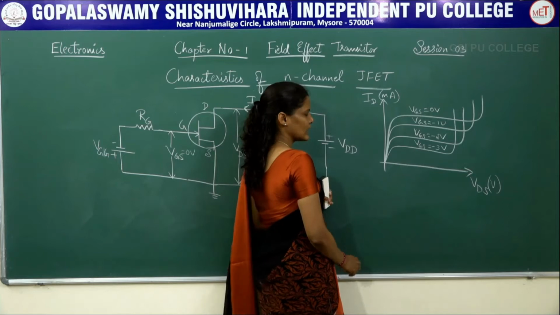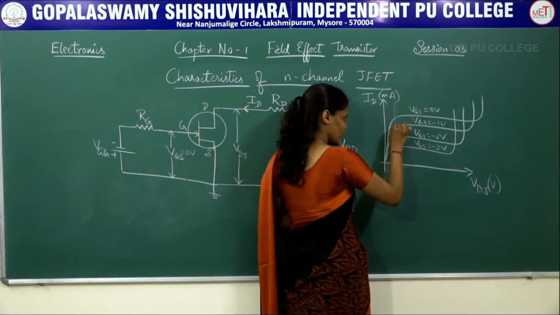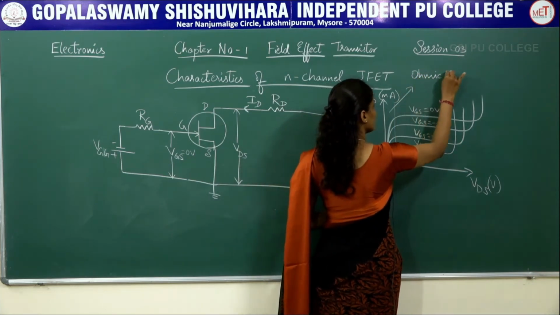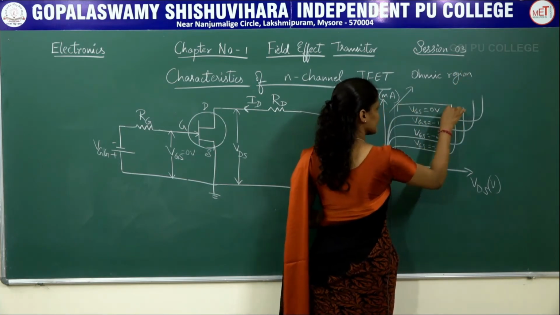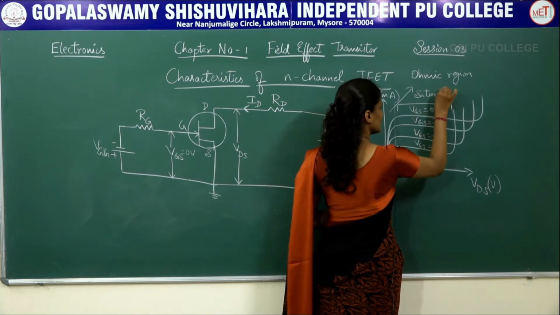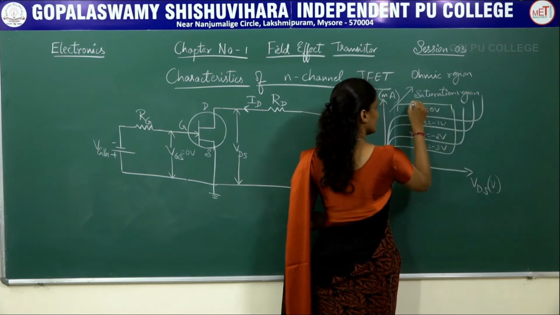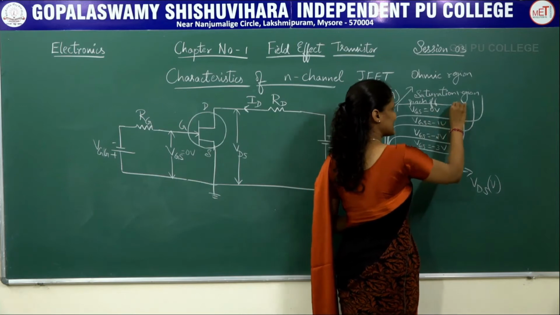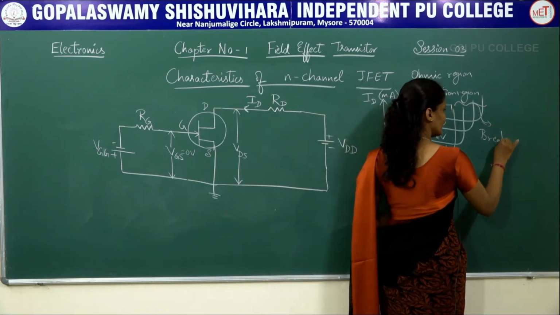In this graph we will be having 3 different regions. The very first region is called the ohmic region, and this is the region which will be called the saturation region, or the pinch off region, and this is the region which will be called the breakdown region.